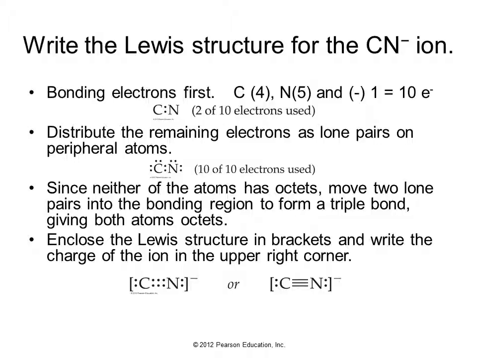Now, since neither atom has an octet, we're forced to move some of the lone pairs in. We move one lone pair in from here and another lone pair in from here to produce a triple bond. Now nitrogen has a complete octet and carbon has a complete octet, and the cyanide ion has a triple bond.